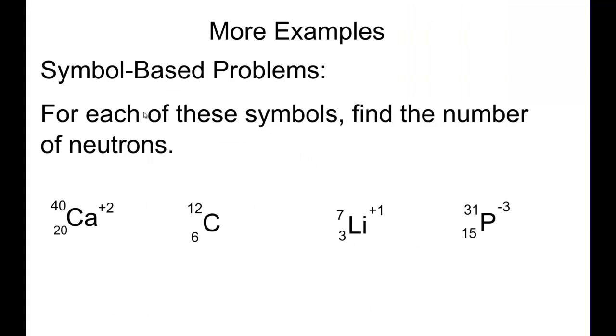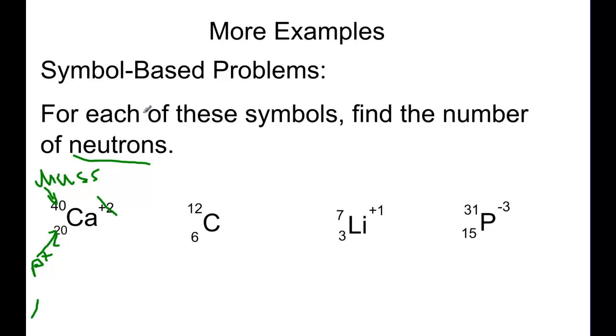How about some symbol-based problems? For each of these, find the number of neutrons. I'll do the first one. We've got a calcium with a mass of 40. So that's mass. We've got number 20, that's protons. It has a charge of 2, but remember we don't care about charge because that has to do with electrons. So we need to find the number of neutrons, using mass and protons.